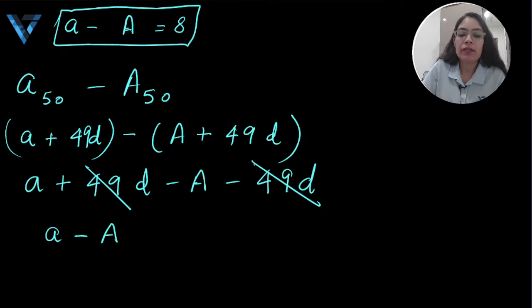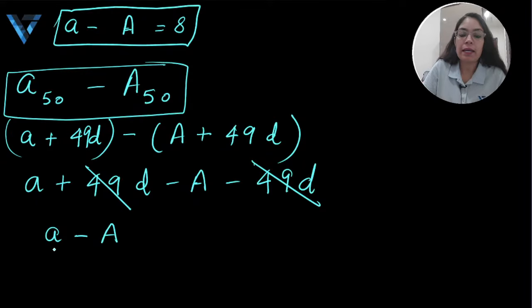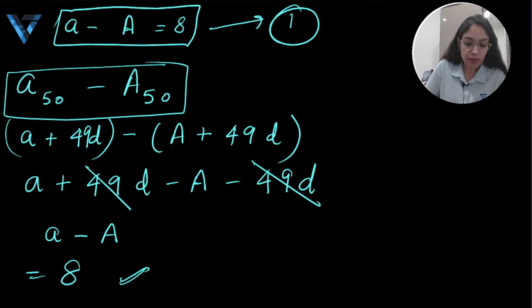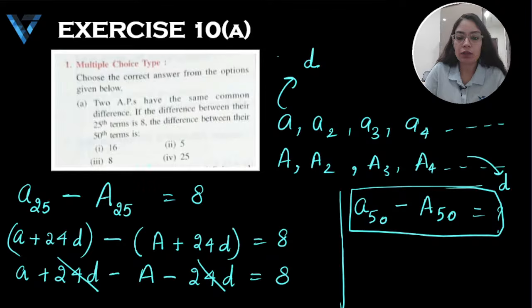I am getting the difference between the 50th terms again as small a minus capital A. In the first equation we found that this value is equal to 8. So the difference between their 50th terms is also equal to 8. So option third is the correct answer.